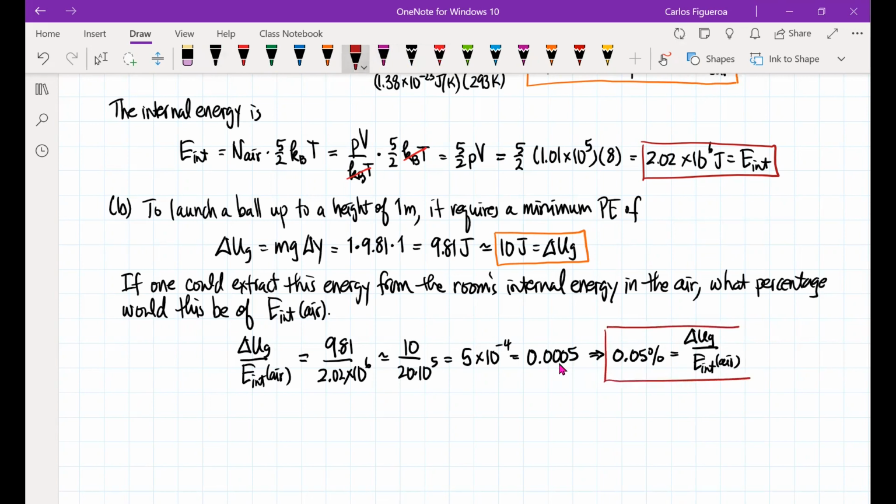Clearly, this is a very tiny number, right? This is infinitesimal. That's an infinitesimal amount.